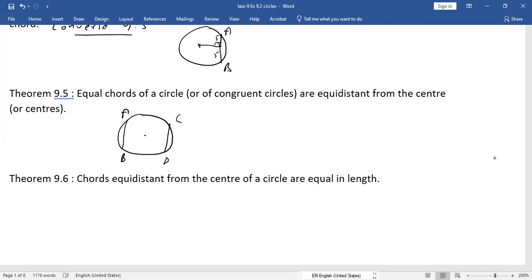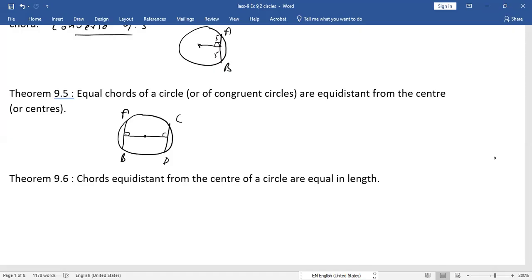Equal chords. Both are equal. Are they equidistant from the center? Yes. Center, distance means perpendicular. This is the distance, and this is the distance. It will be 90 degree, 90 degree. That means this distance will be equal.